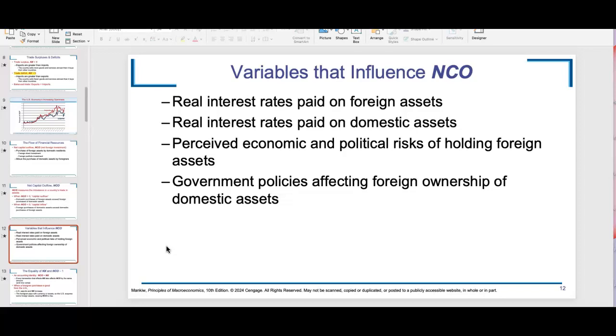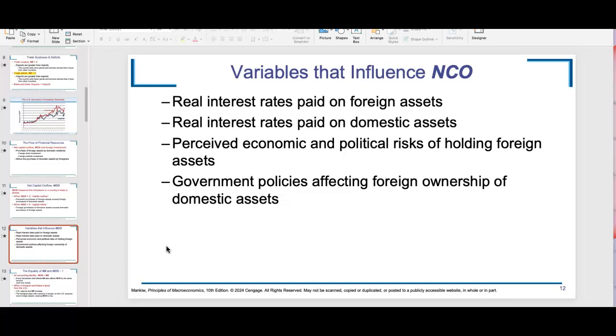Perceived economic and political risk of holding foreign assets. We talked about the stability of a country. The political stability of a country is really important in deciding whether you're going to make an investment in that country, whether you're going to buy assets, right, if it's safe. Government policies that affect foreign ownership of domestic assets.